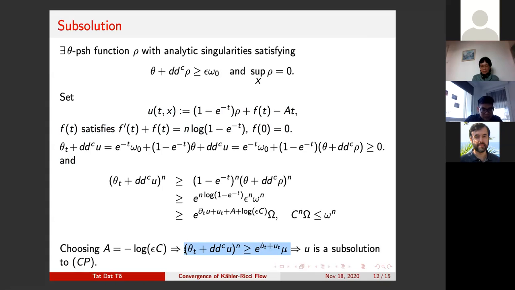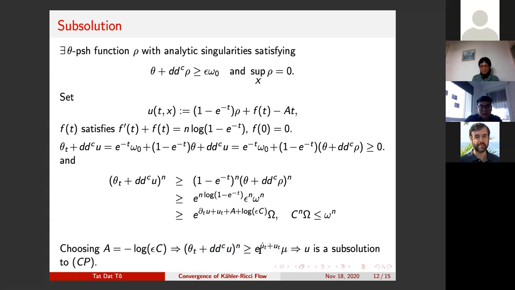So here this inequality is written in the pluripotential sense, but by a lemma, if you choose a theta_t-PSH function which satisfies this kind of inequality, the function u should be a subsolution in the viscosity sense.